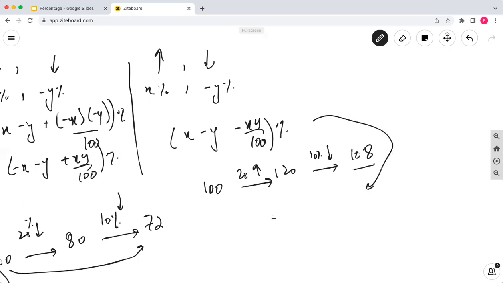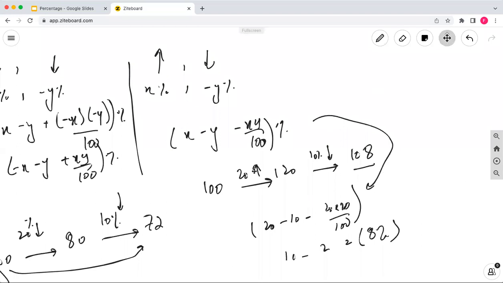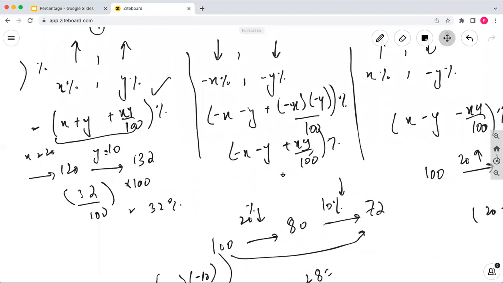In place of X we have 20 minus 10 minus 20 into 10 by 100. This will be 10 minus 2, that will be an 8% increase, right? So these are three basic formulas: when both are increased, when both are decreasing, or when one is increasing and one is decreasing, right? You can do this for any length.